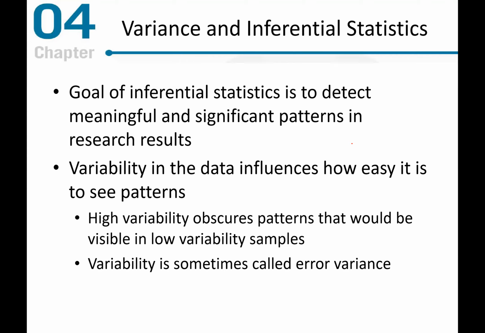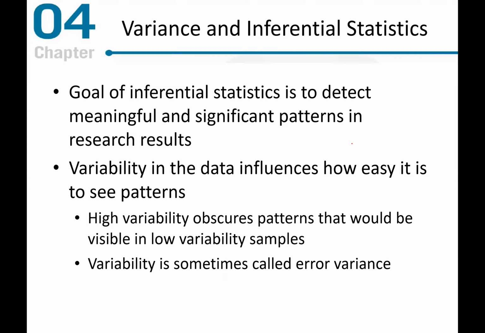So what do we mean by variability? We mean how widely scattered scores are from the mean. If the scores are very, very far from the mean, then we have high levels of variability. If scores are very close to the mean, we have low levels of variability, right?